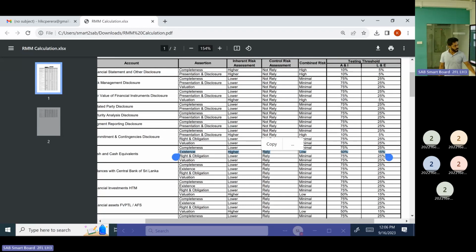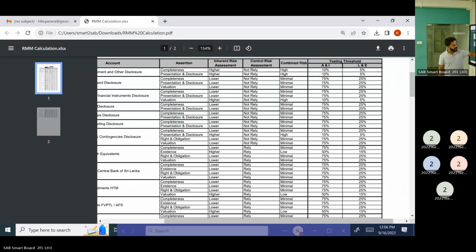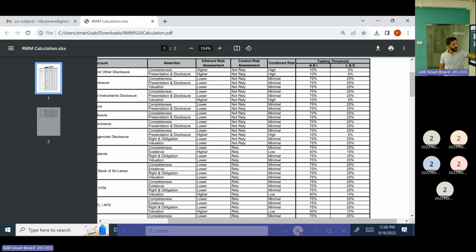Other obligations lower. Valuation lower. For cash, they have put in control, so we rely on it, and because of that, combined risk is low. Accordingly, you can design the testing threshold.